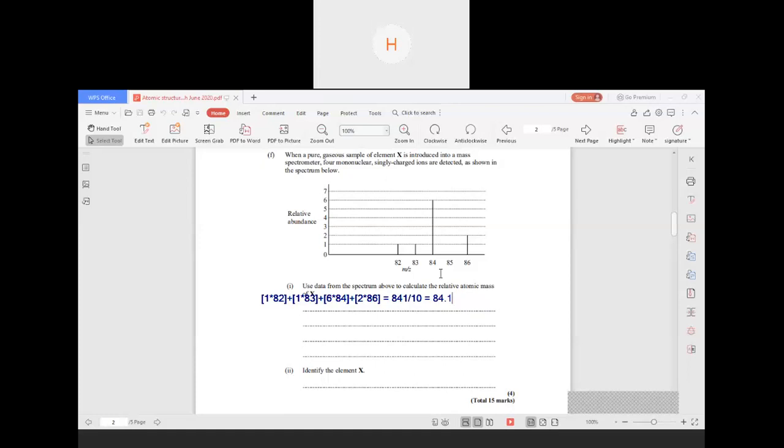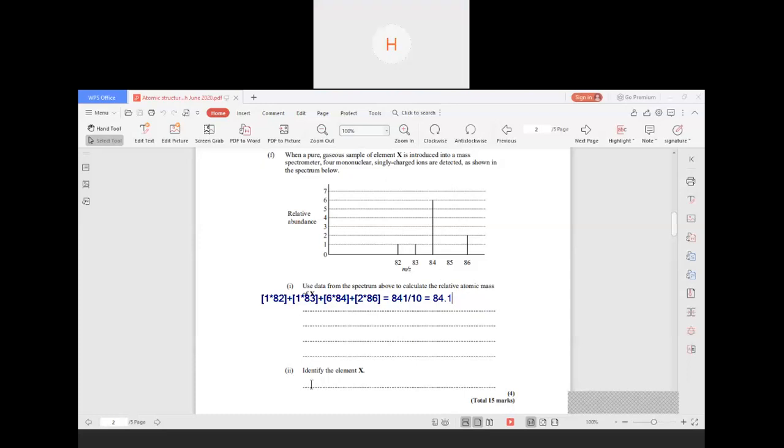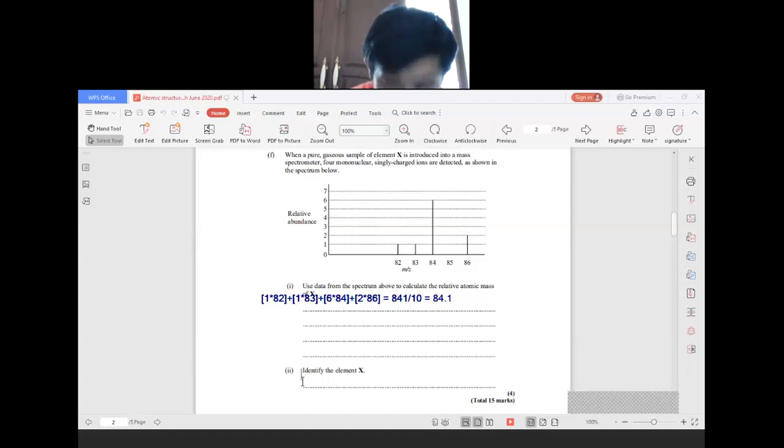Kr. The symbol of the atom is Kr. Krypton. Yes, correct. So it is krypton. It's correct, Hayato.